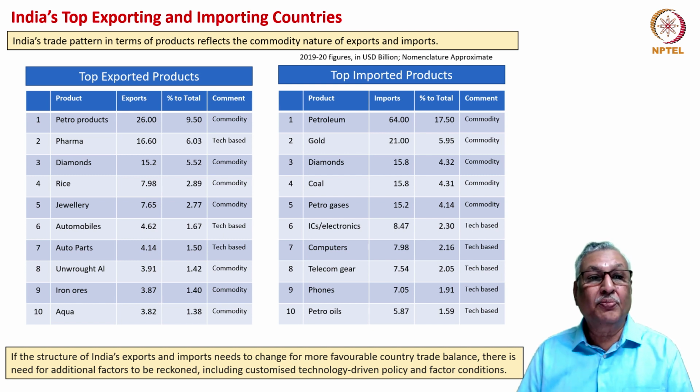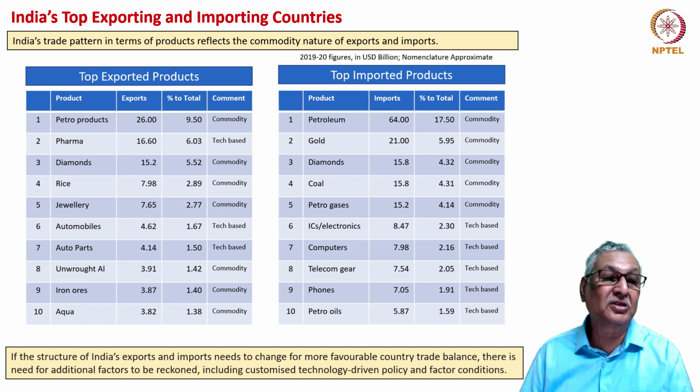When you look at the top exported products from India and the top imported products to India, we will see that petro products, intriguingly, are one of the highest to the total. It's a commodity. Pharmaceuticals is also very high to the total, 6% is tech-based.